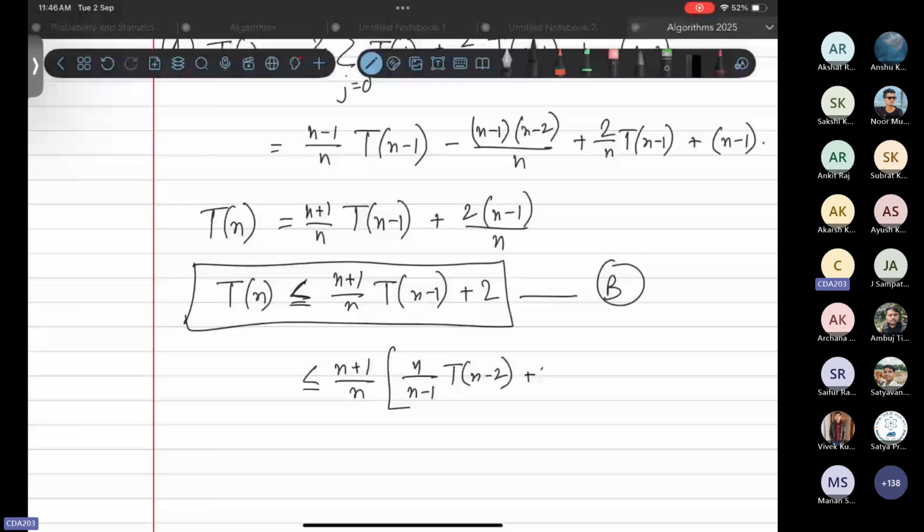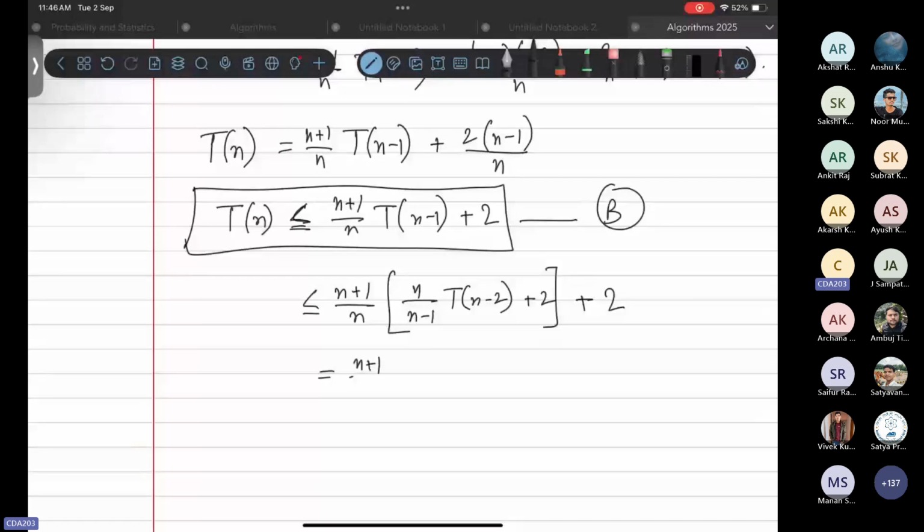And this plus 2 was a, right? So what do I have here? This is actually equal to n plus 1 by n minus 1, Tn minus 2 plus 2 times n plus 1 times 1 over n plus a 2. Right? Okay.